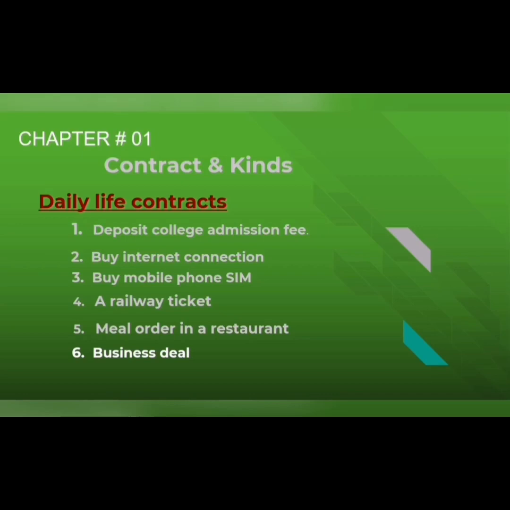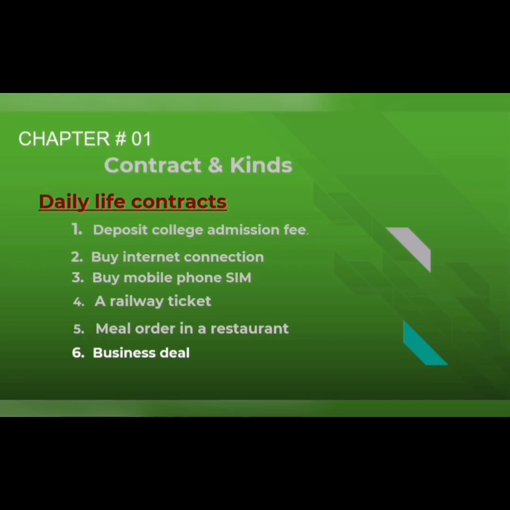When we buy a mobile phone SIM for our regular calls or for access to mobile data, we establish another type of contract. Same is the case with the railway ticket. When we buy a railway ticket, undoubtedly there is a contract between passenger and railway administration.